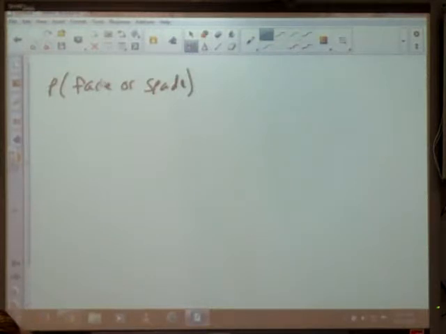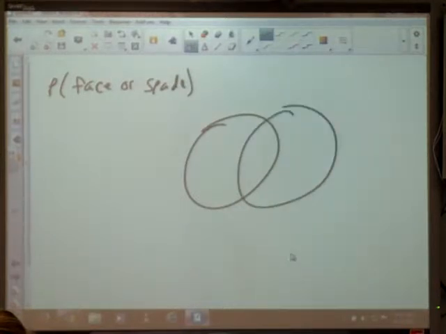Can this be overlapping? Can I be a face card and a spade? Yes. So I'm going to have an area where they overlap. Okay, if I am a face card and a spade both, I'm going to be in that overlapping section right there. Okay, so just my face cards to start with.